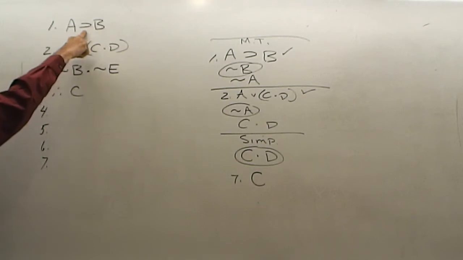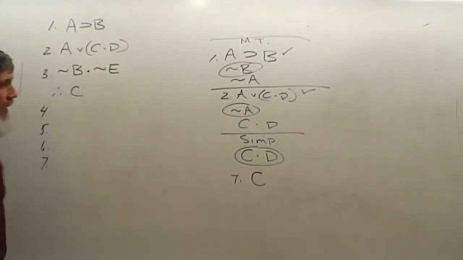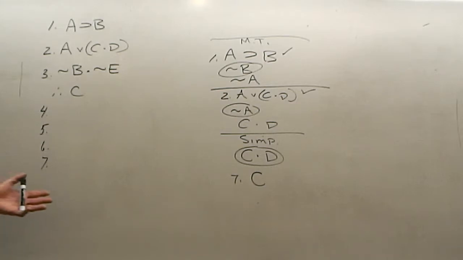We need a horseshoe whose antecedent is A. And we have one. So that led us to believe that curl B is our second premise of modus tollens. And we have one step to play with. It's another simplification. Is that correct? It is correct.